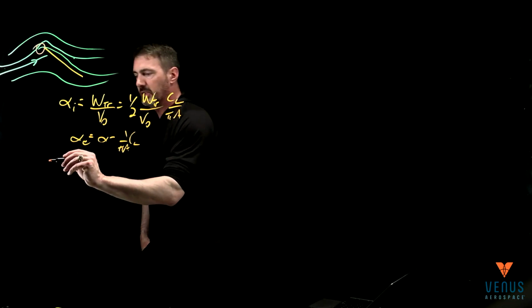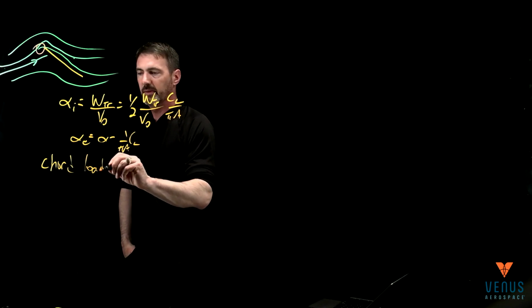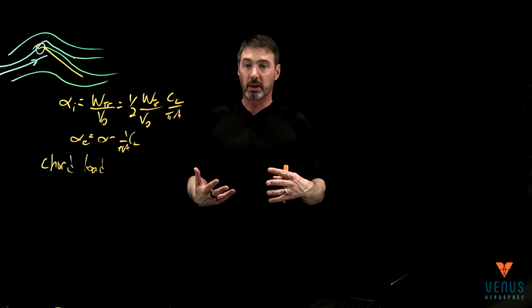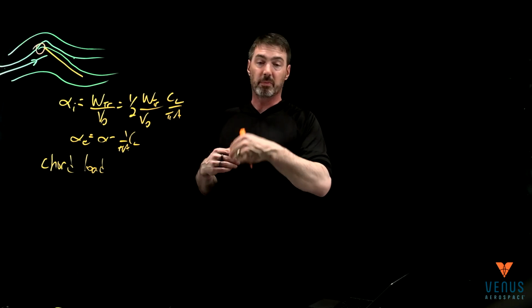The other thing that potential flow can give us is the chord-wise loading. This is along the chord, along the direction of the flow. How is the pressure loaded? Because we solved for the potential flow, we can go back and solve for the pressure.